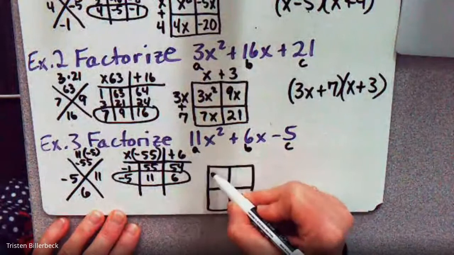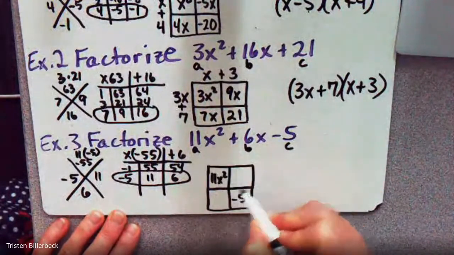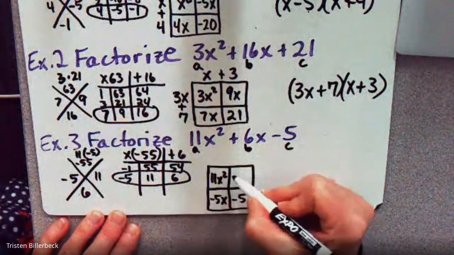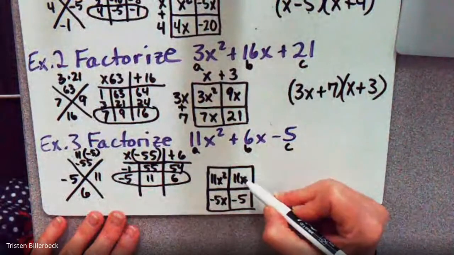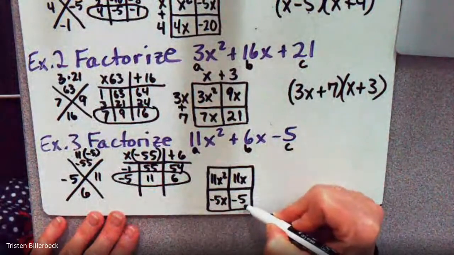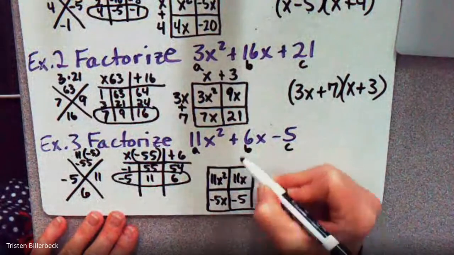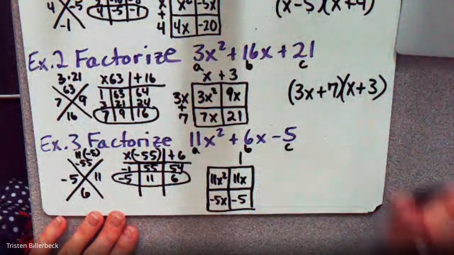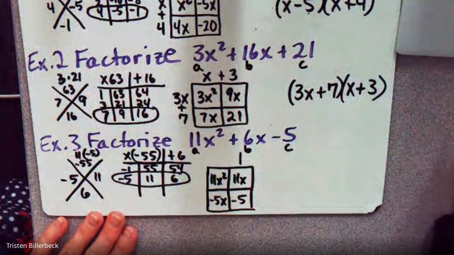All right, let's do the box. So first term, 11x squared goes here. Last term, -5 here. Then we have -5x and 11x right here. Now, 11x and -5 have only one factor in common, and that is 1. So 1 is a factor of every number, okay? So don't forget little old 1.